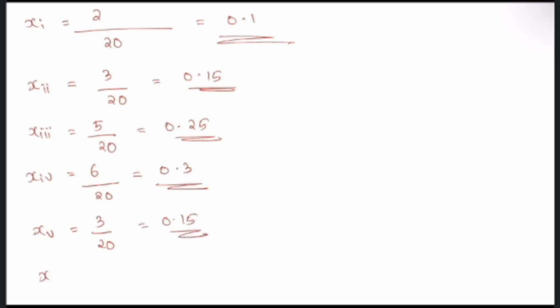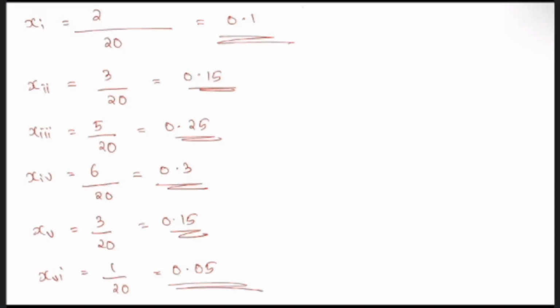And x6 will be 1 divided by 20, that is 0.05. We can check this by taking the sum: 0.1 plus 0.15 plus 0.25 plus 0.3 plus 0.15 plus 0.05 equals 1. So the mass fractions we have obtained are right.